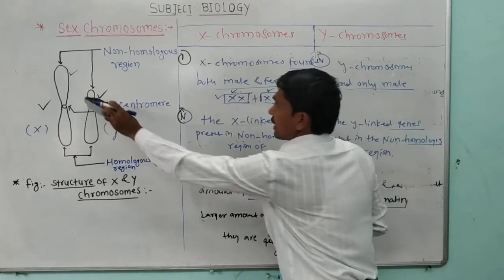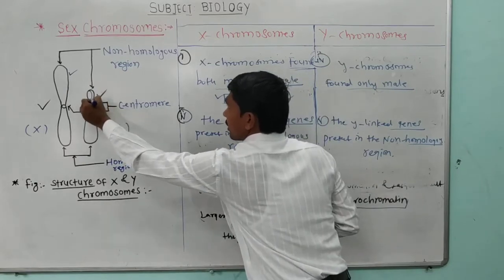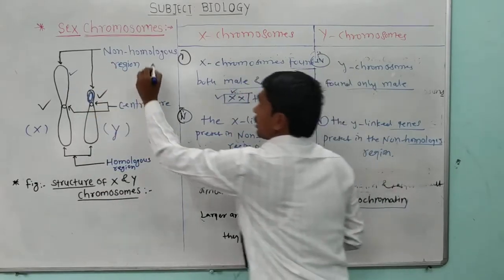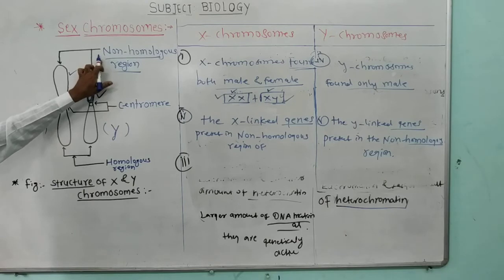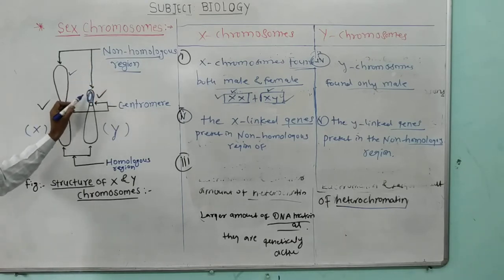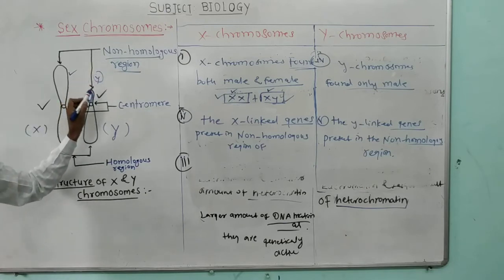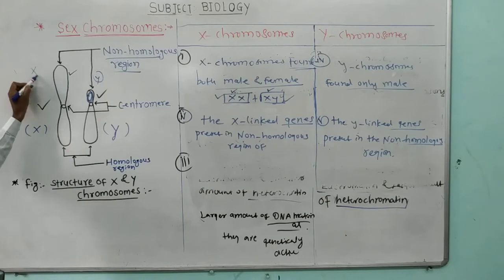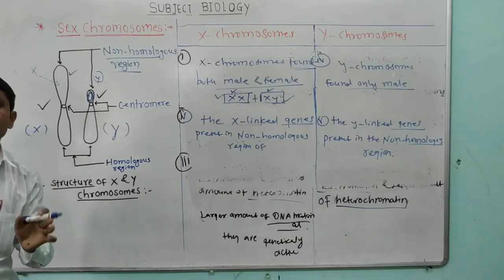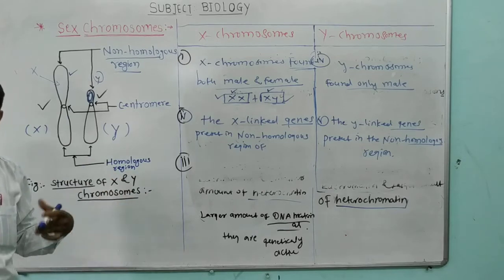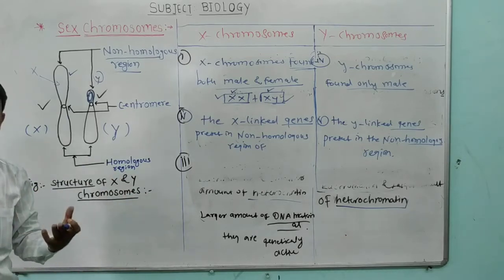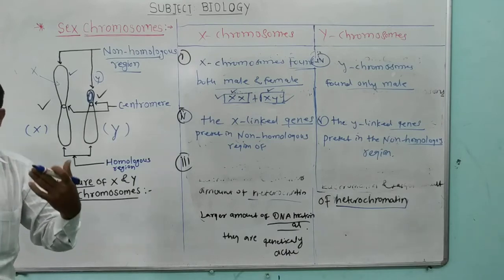The Y-linked genes are present in this non-homologous region of the Y chromosome, and the X-linked genes are present in the non-homologous part of the X chromosome. That is the difference between the X-linked genes on the non-homologous part of the X chromosome and the Y-linked genes on the non-homologous part of the Y chromosome.